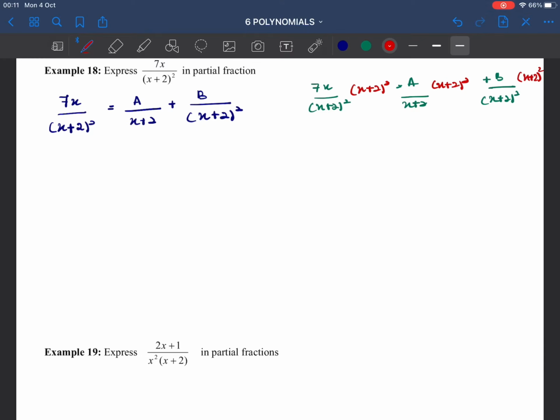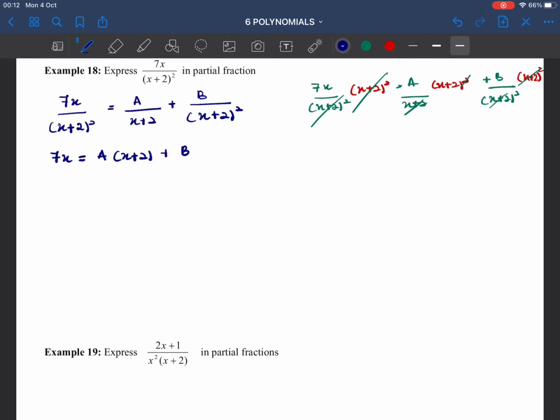Kita cancel x plus 2 square dengan x plus 2 square. We are going to be left with 7x equals to, this one cancel x plus 2 dengan x plus 2, so we have a times x plus 2. And the last one, kita cancel x plus 2 square, x plus 2 square, kita akan dapat plus b.